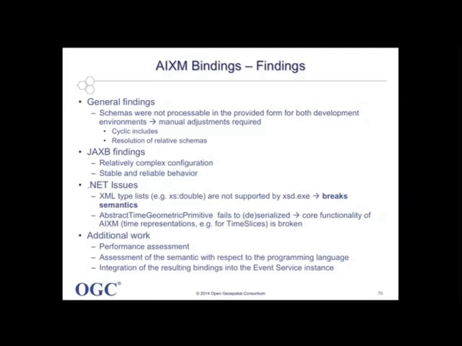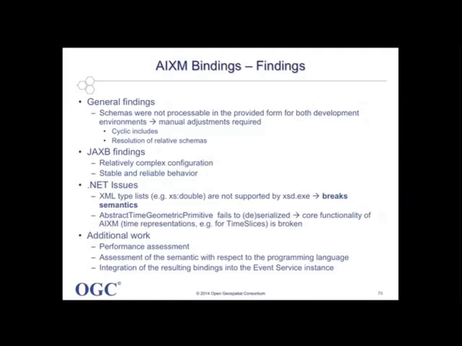And another important issue was that the elements of abstract time geometric primitive failed to deserialize. For example, a time period or a time instance could not be deserialized, and this somehow breaks the core functionality of AIXM, in particular time slices.